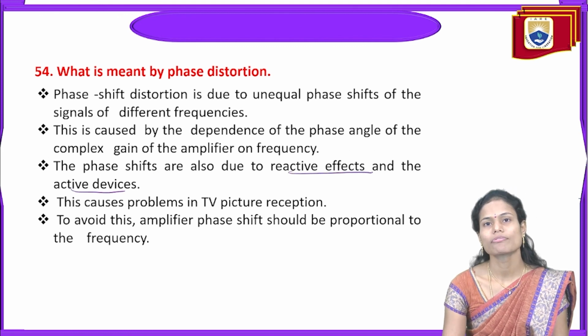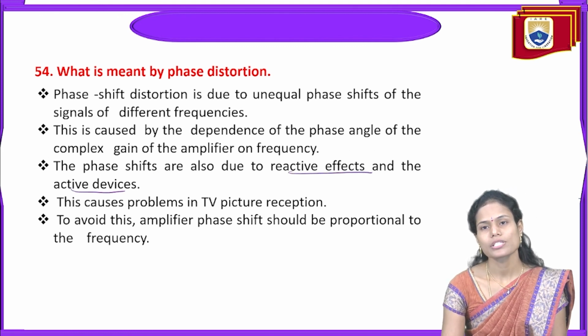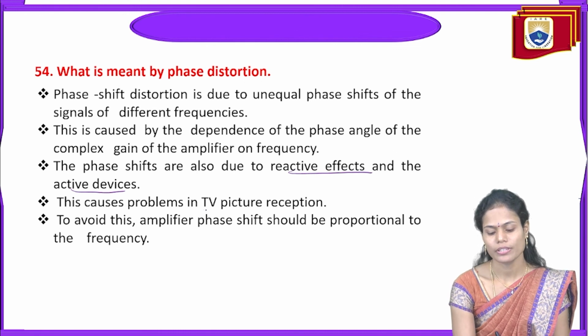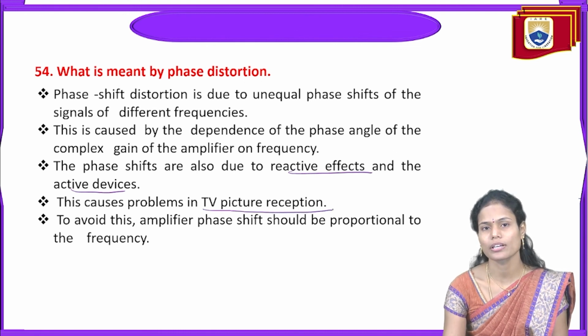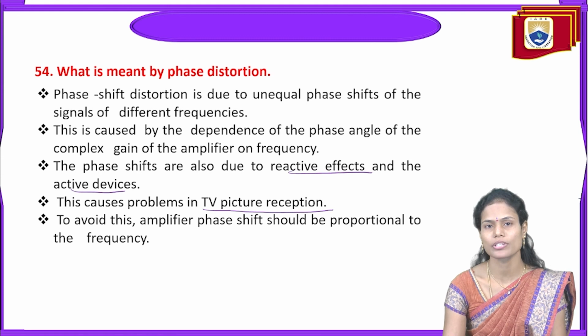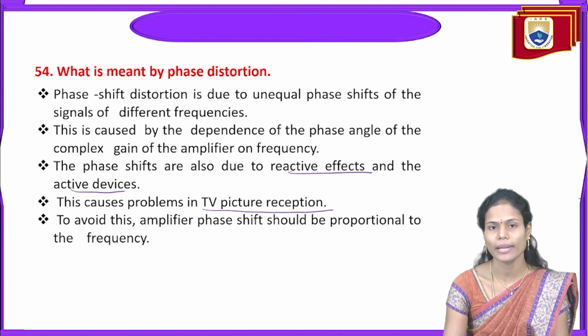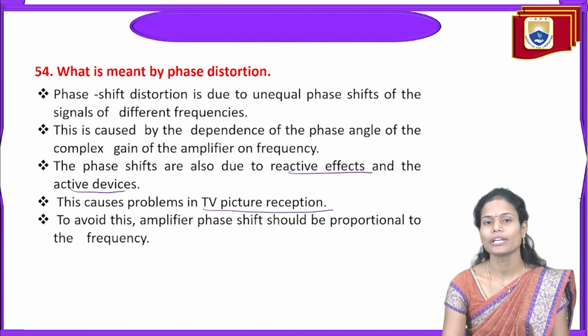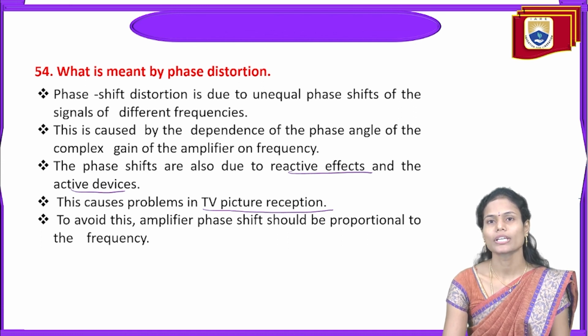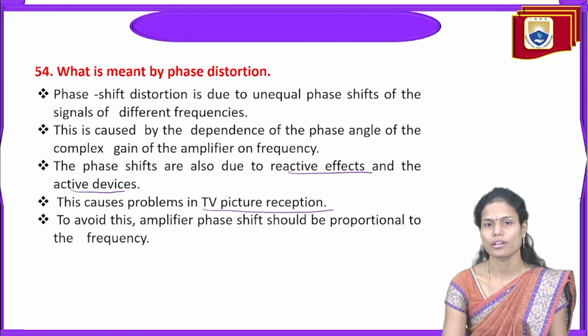Generally, this phase distortion will cause problems in TV picture reproduction. If phase distortion is occurring, we cannot see the picture on the television properly. To avoid this, the amplifier phase shift should be proportional to the frequency of the applied input signal. If we maintain this particular ratio, we can reduce the phase distortion.